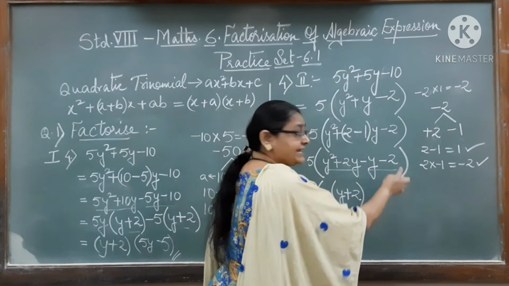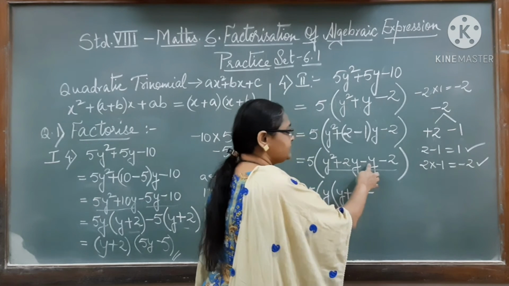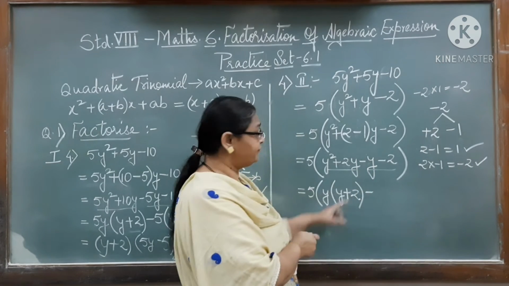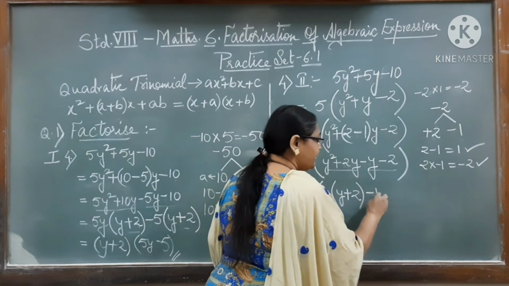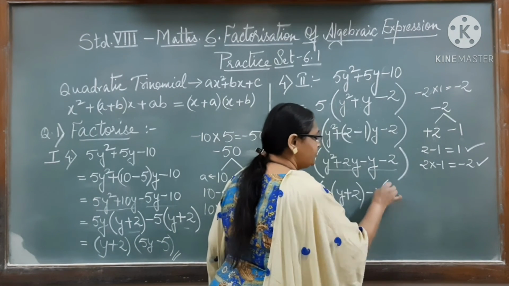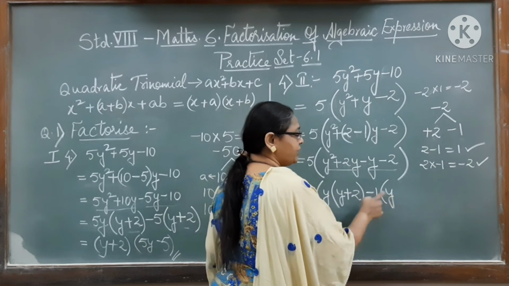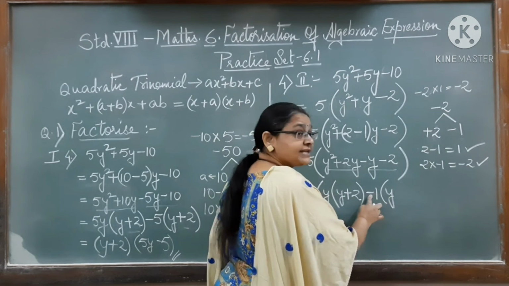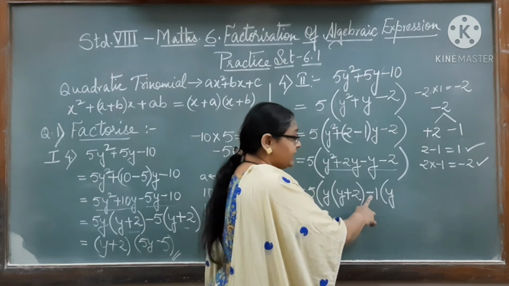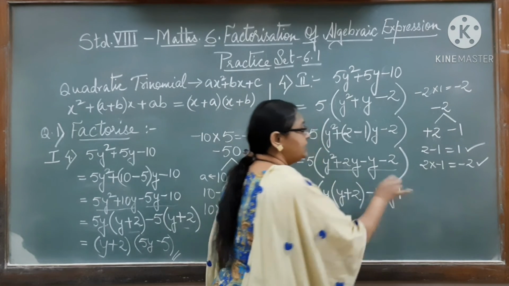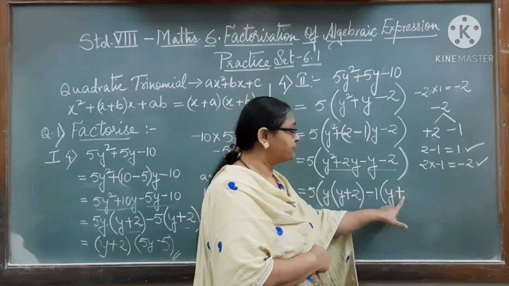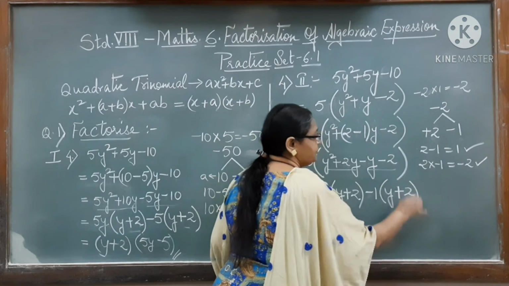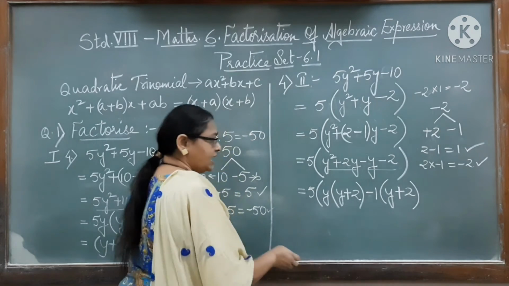Now let me take the next group, minus. Now here it is y, but it is not common. So let me take the coefficient which is going to be 1 over here. So minus 1 into y, because minus 1 into y is minus y. Now I need minus 2. So here minus sign is already outside the bracket. So remember you have to use the opposite sign so that minus into plus will be minus. And of course 1 2s are 2. So I have got the factors now.